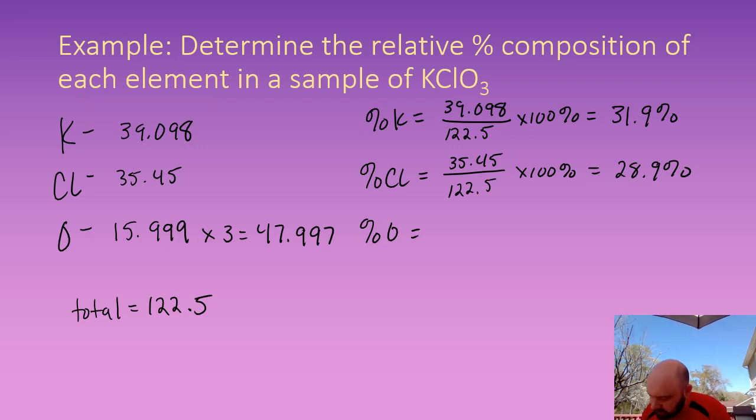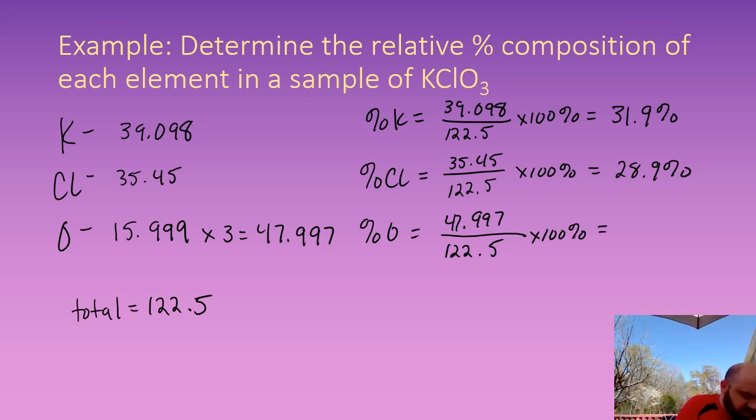Oxygen is 47.997 total atomic mass units out of our 122.5 total times 100% equals 39.2% of our compound.